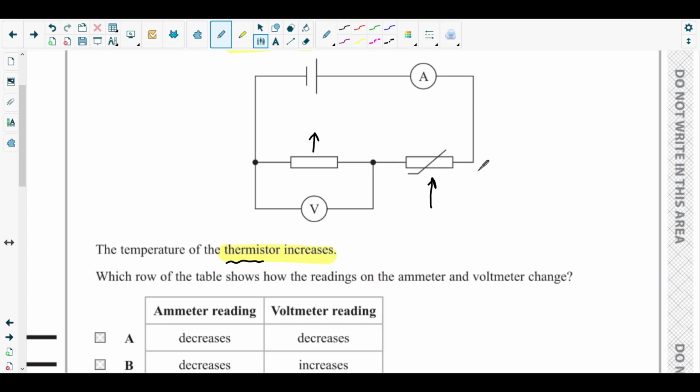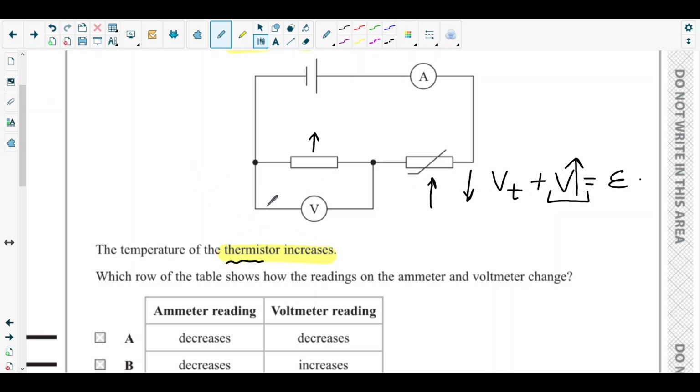Because in a series circuit, the PD across the thermistor plus the PD across the fixed resistor is equal to EMF. As the temperature of the thermistor increases, its resistance decreases, therefore the PD across it will decrease. Therefore the PD across the fixed resistor will increase. So voltmeter reading will increase.